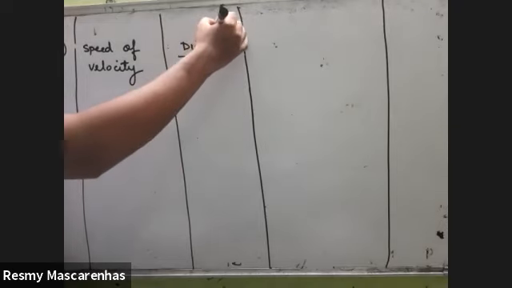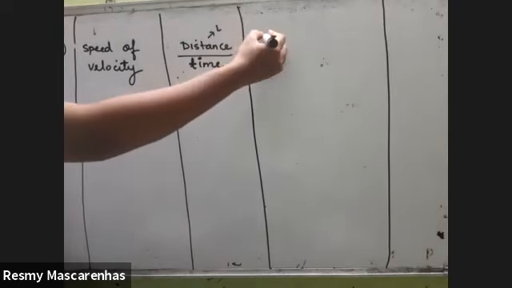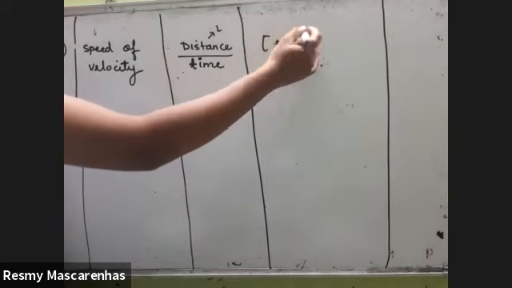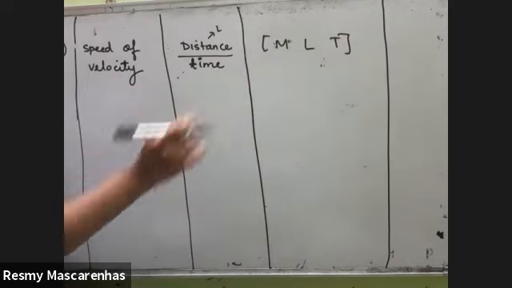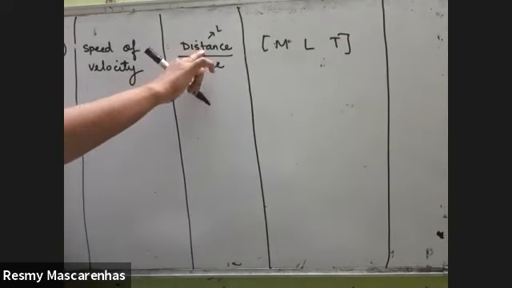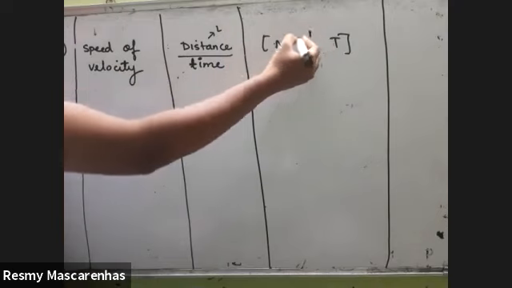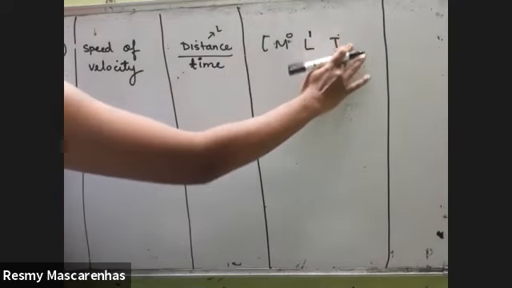Length means only the L power will be 1. So this is fixed, I told you, M, then L and T. So when we are measuring distance, only the L power will be 1. The remaining two will be 0.